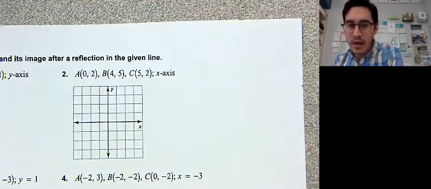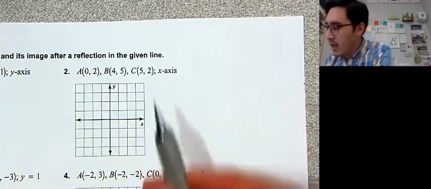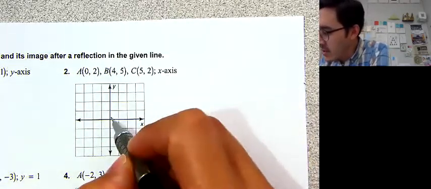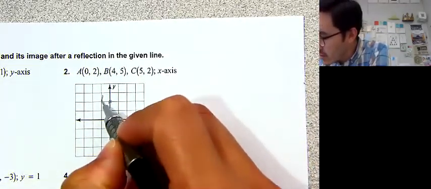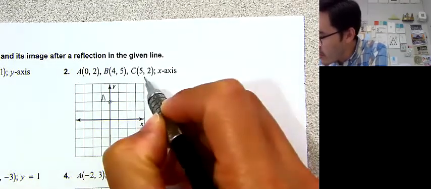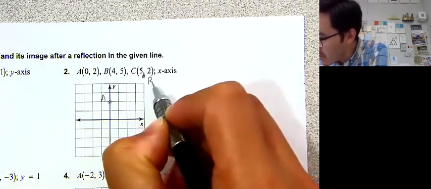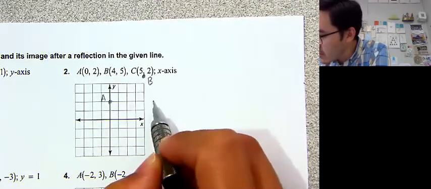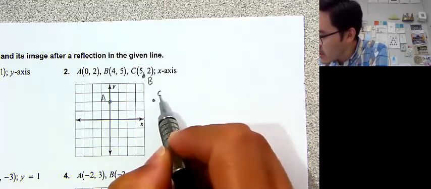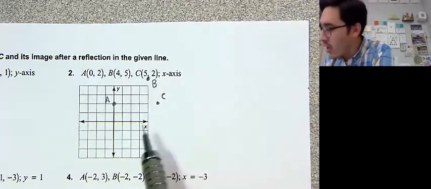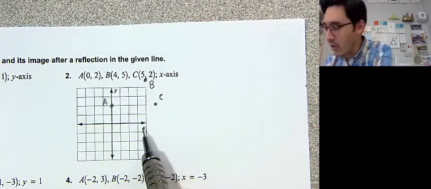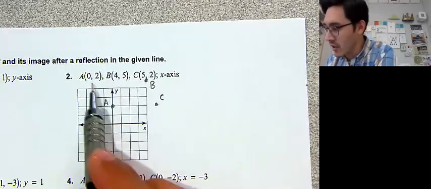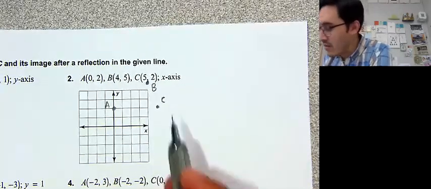Okay. All right, let's look at number 2. Okay. So point A is at 0, 2. B is at 4, 5. And C is at 5, 2. Okay, so I don't know why they only decided to make the coordinate plane go 4 units in each direction when we have values of 5.